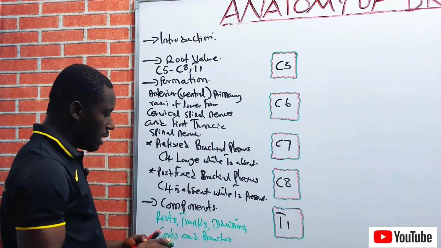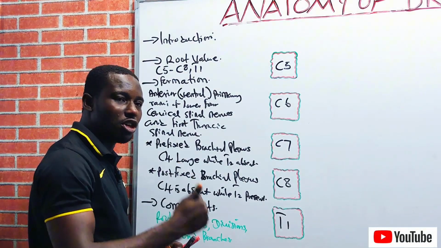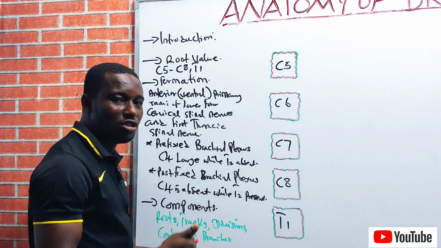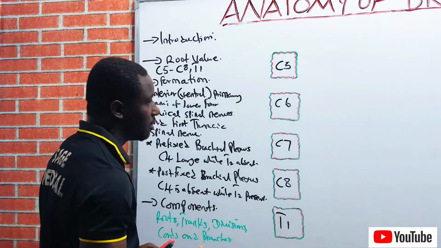Okay. Now we'll be looking at the divisions of the brachial plexus according to the relation of the clavicle.